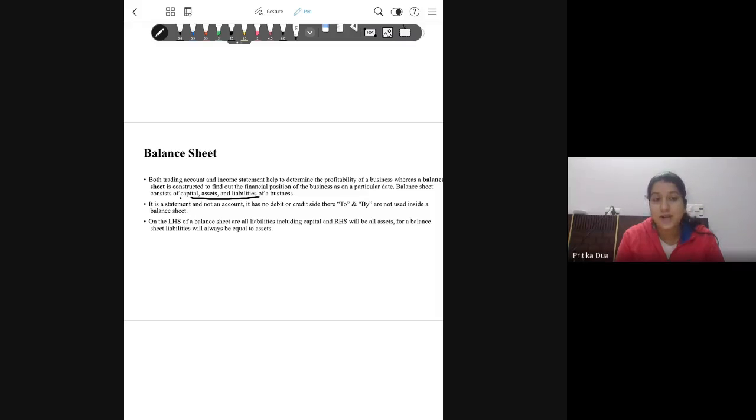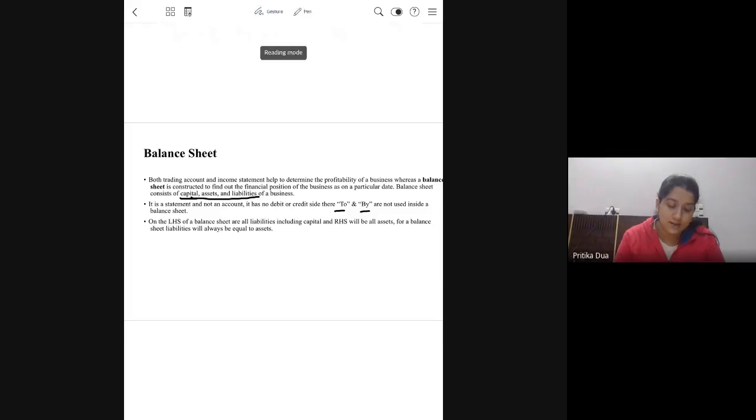So it is a financial statement, and it does not use terms like to and by. So to and by you only have to use in the trading and P&L account. In the balance sheet we directly write assets and liabilities. The format is like this.